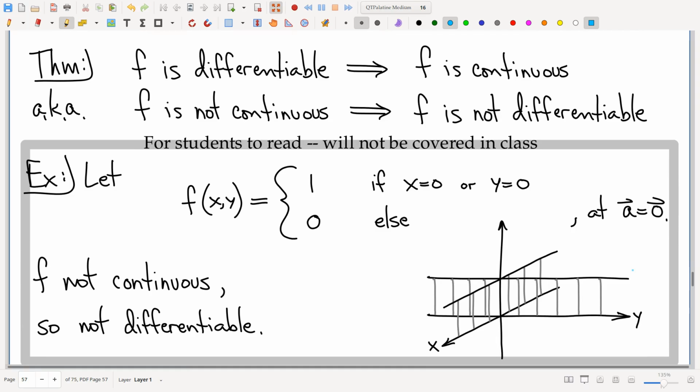Okay, so this next thing comes up every now and then. Turns out, not hard to show, actually, that every differentiable function is continuous. Now I'm going to pull a move called the contrapositive. This is a slick move. This should be in your toolbox for sure. If P implies Q, then not Q implies not P. Do y'all know this one?